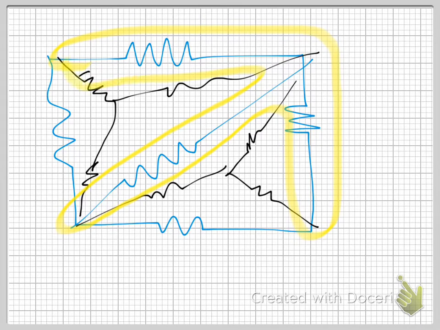Because it was hidden, I'm assuming that's the correct way, because they always try to hide these answers in plain sight. Now, transforming our Y to a delta, I'll have to draw a Y here.